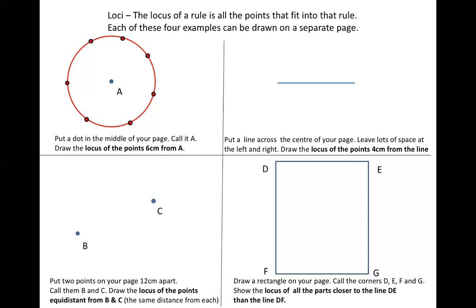You know the first one, those dots can be anywhere on the circle. A circle, or a line, is made up of points, correct?